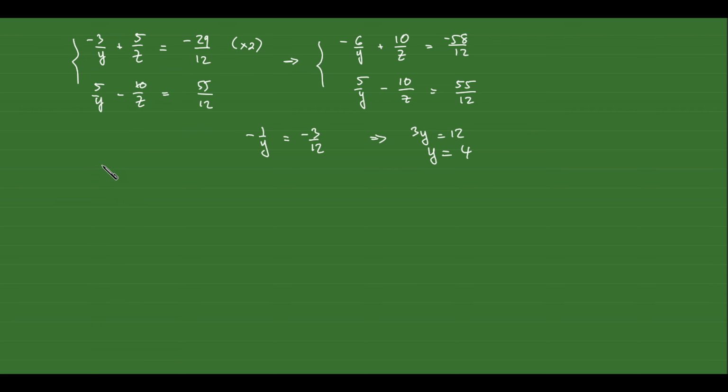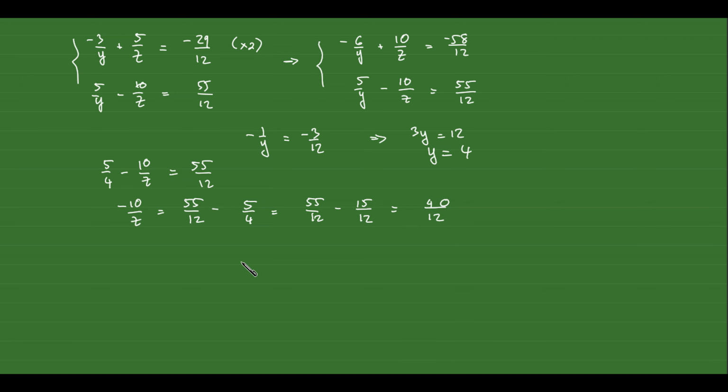So you have 5 over 4 minus 10 over z equal 55 over 12. So you have negative 10 over z equal 55 over 12 minus 5 over 4. So you multiply by 3, so you have 55 over 12 minus 15 over 12, which is 40 over 12.